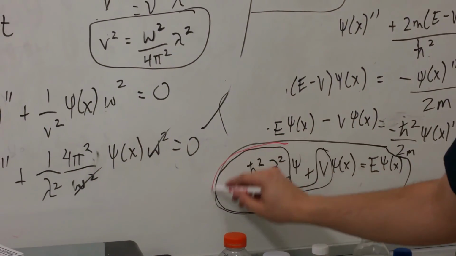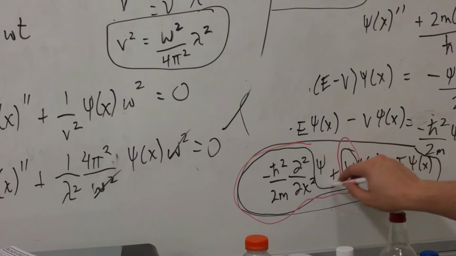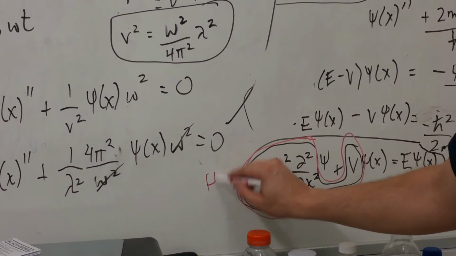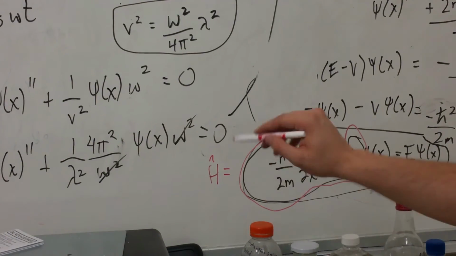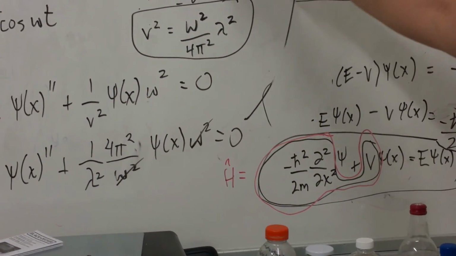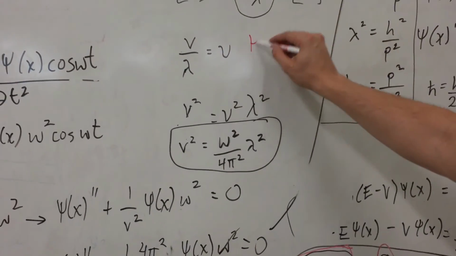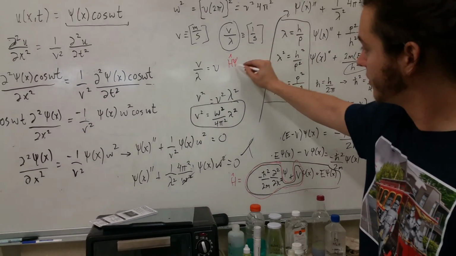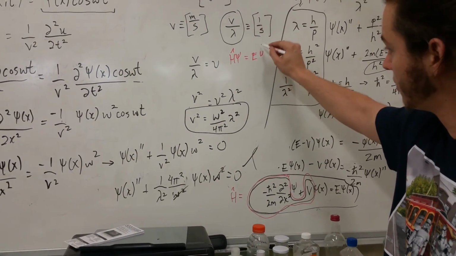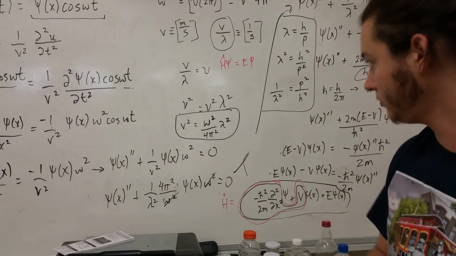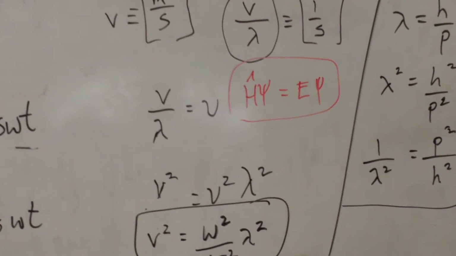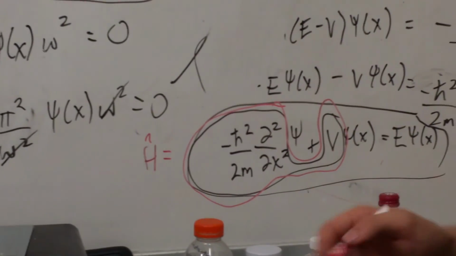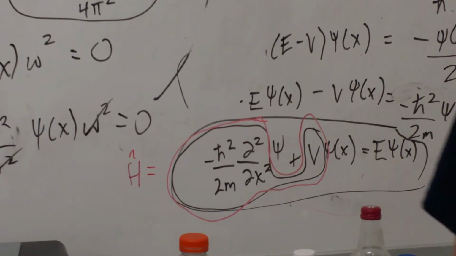H hat is the Hamiltonian operator, and it looks like that. So that's h hat. So then finally, writing in the middle of everything, we have h hat psi is E psi. That's the Schrodinger equation. This is what it looks like in detail, and that's how it's derived.